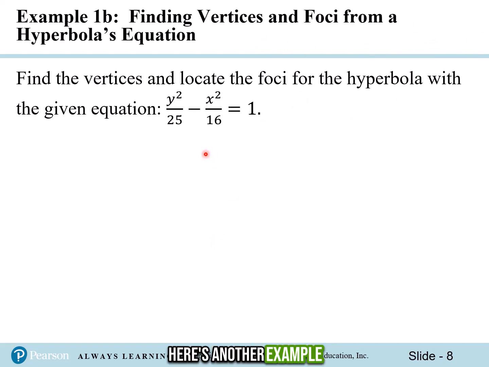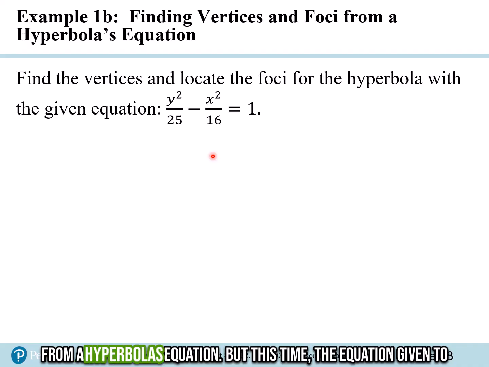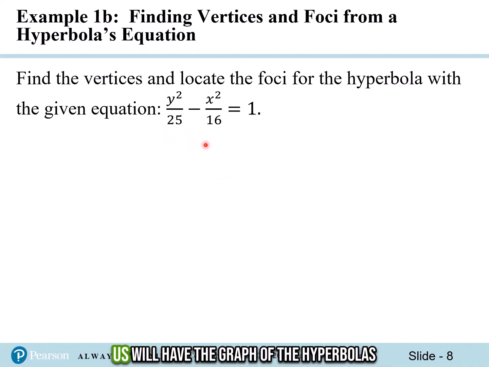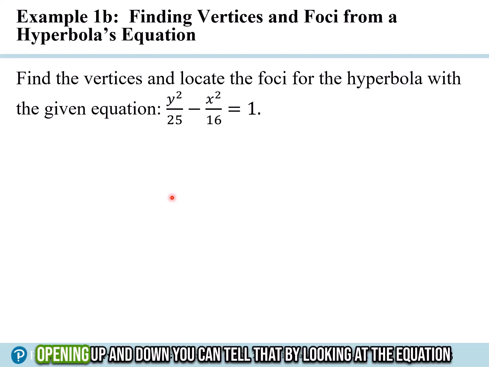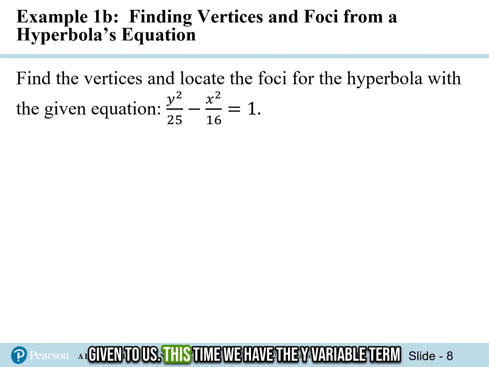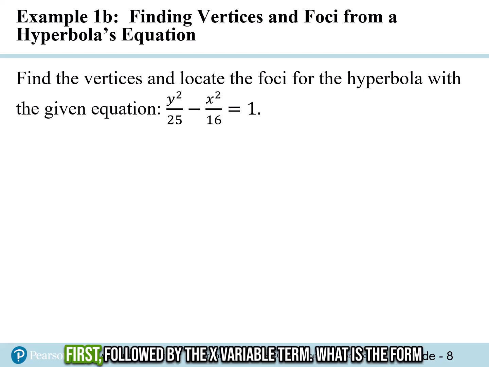Here's another example of finding the vertices and foci from a hyperbola's equation, but this time the equation given to us will have the graph of the hyperbola opening up and down. You can tell that by looking at the equation given to us. This time we have the y variable term first, followed by the x variable term.